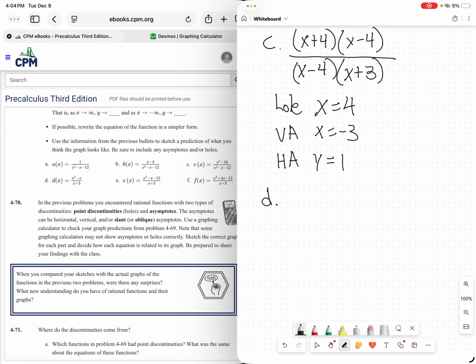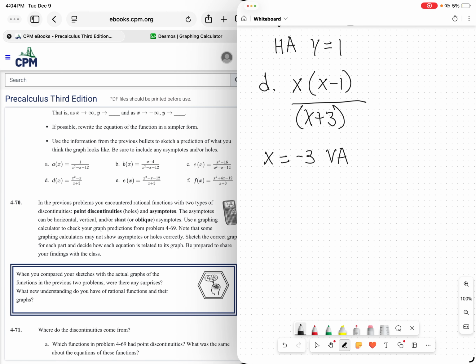Okay, D. We're going to have x times x minus 1 when we factor it over x plus 3. So we'll have x equals negative 3 as our vertical asymptote. We have no horizontal asymptote. Okay, D, E, and F have no horizontal asymptote.